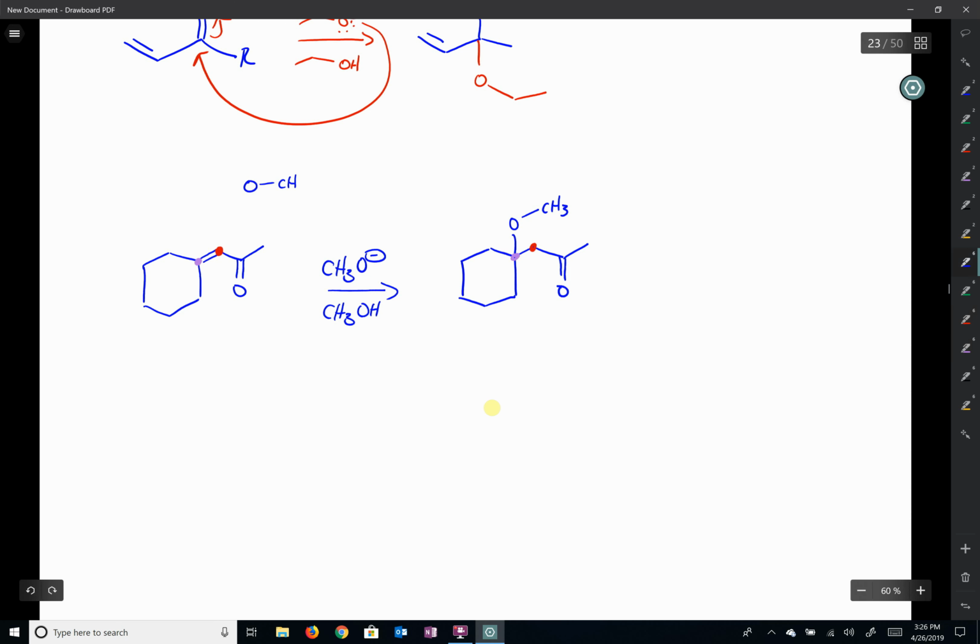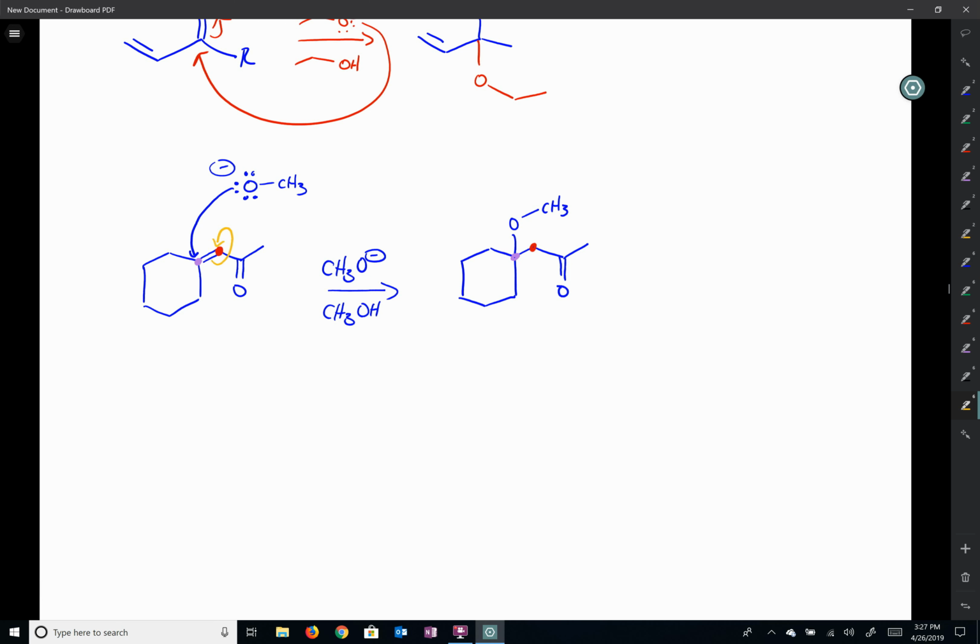So if we bring in methoxide, let's send that in here. We know it has to get added there, because we see our product. Let's see what would happen then. Well, we make a bond, we break a bond. Let me do this in yellow here. Let's send up the pi bond into a lone pair there on our alpha carbon.